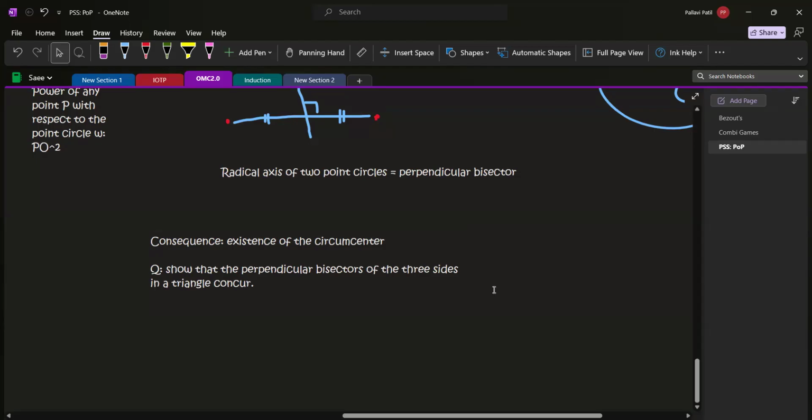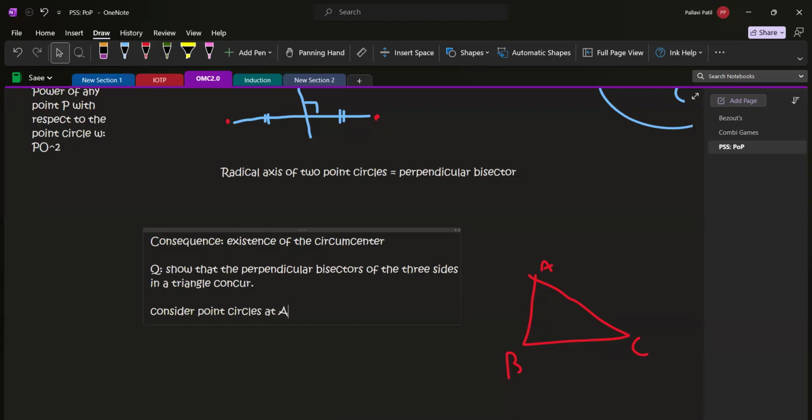We can just let A, B, C be the 3 point circles. Amazing. So, as you mentioned, we can just consider point circles at A, B, C. Done.